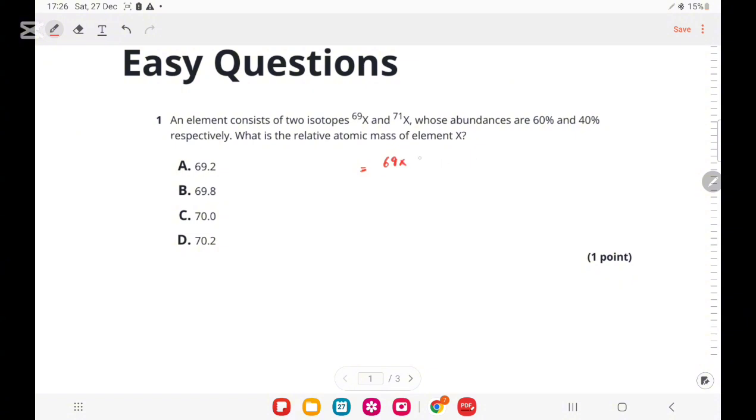So this is going to be 60%. 69 has 60%, and 71 is the mass of the abundance 40% and divided it with 100. So we can calculate it and the answer comes out to be 69.8, which is B.